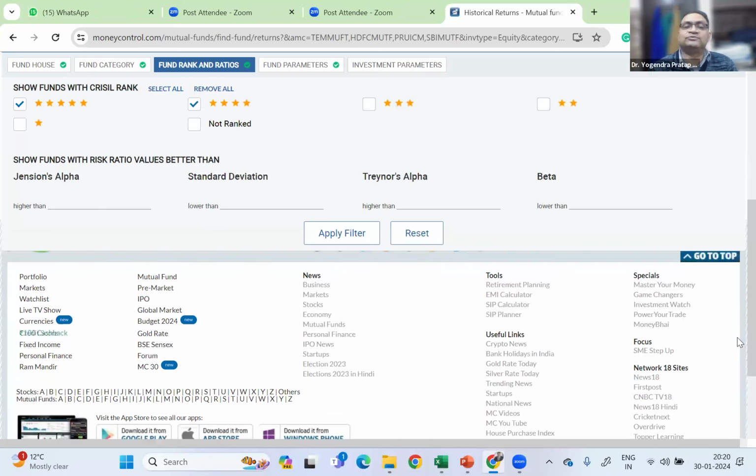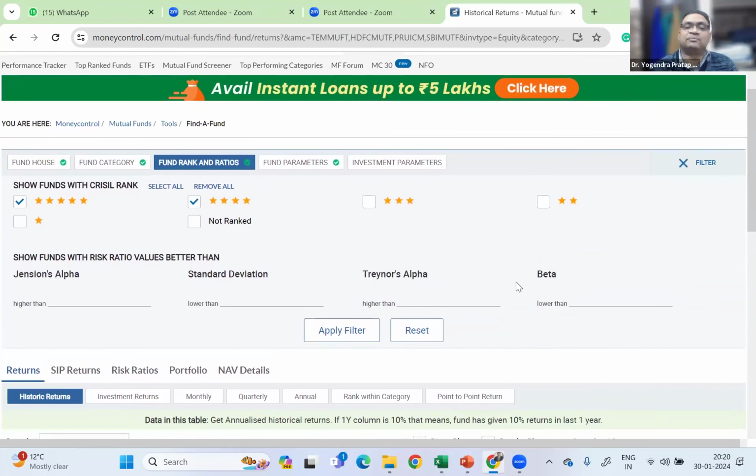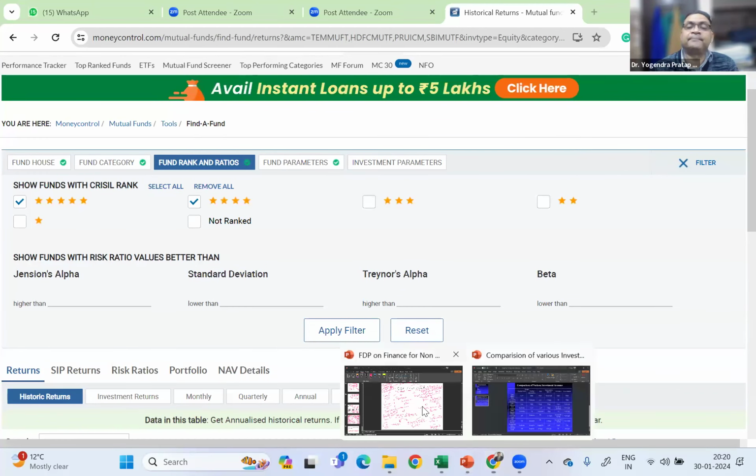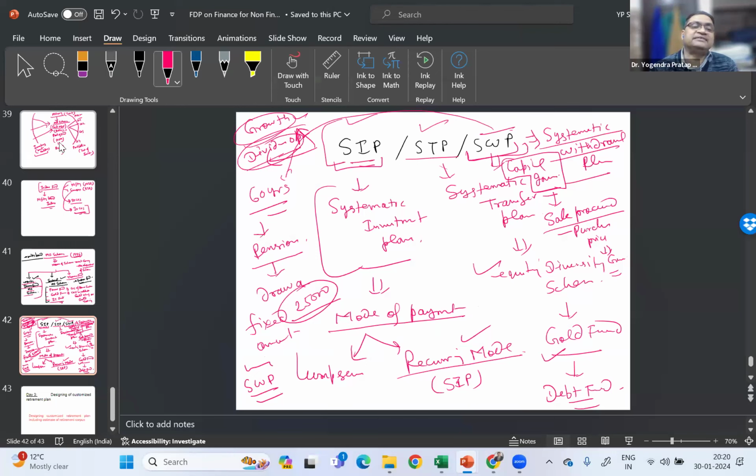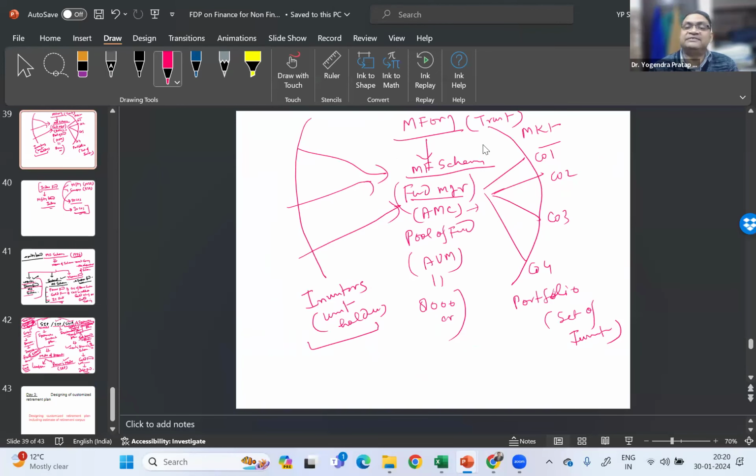Then go to the second option: funds with risk ratio values better than standard deviation, tenure, alpha, beta. Since a mutual fund is a portfolio, and portfolio means a set of investments, your fund manager invests into the market and creates the portfolio.